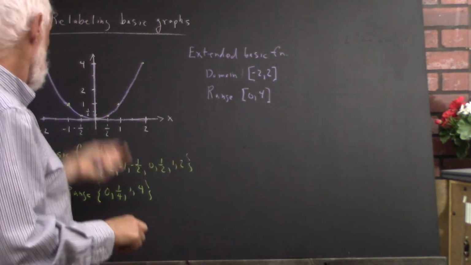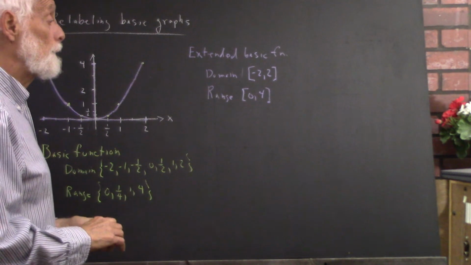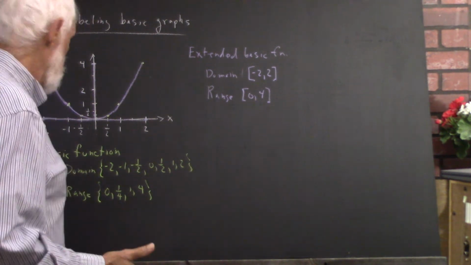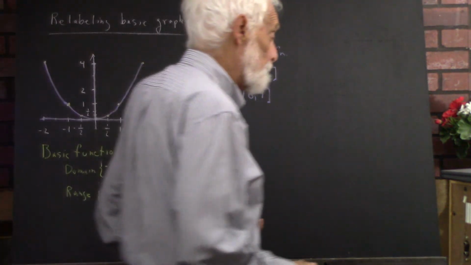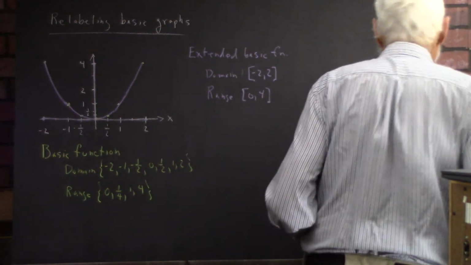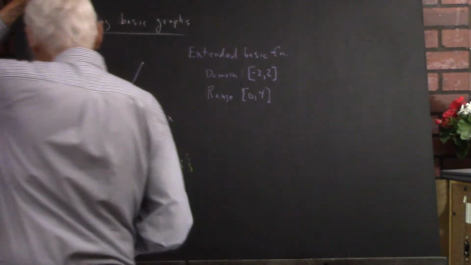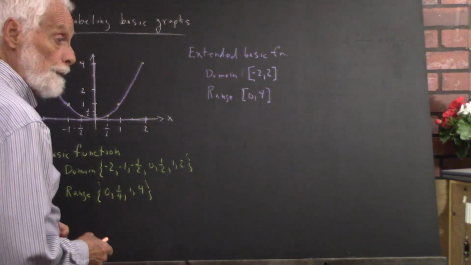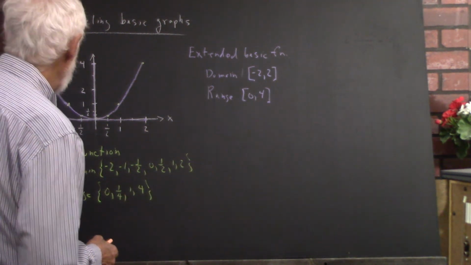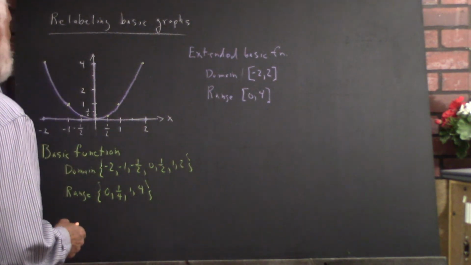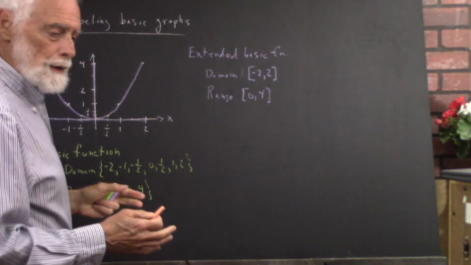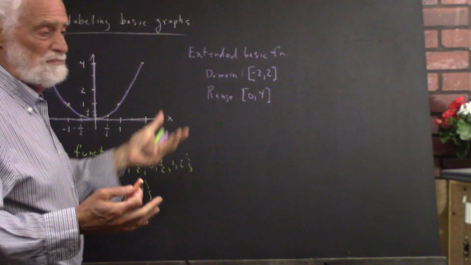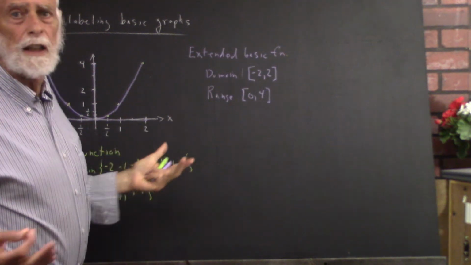Now, we're really talking about relabeling, so let's do an example of relabeling. Okay, I'm going to use a different color to relabel the axes. And I want to relabel so that the domain becomes -8, 8.